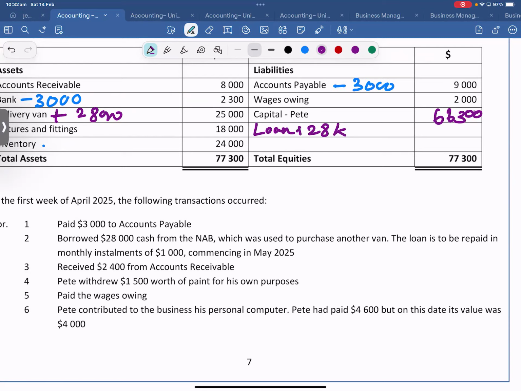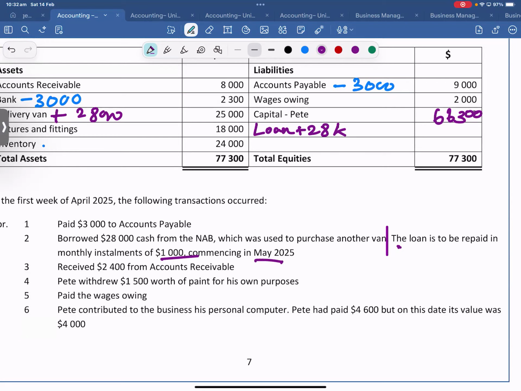The loan is to be repaid in monthly installments of thousands. What does that mean? Commencing in May 25. Yeah, commencing in May 25.